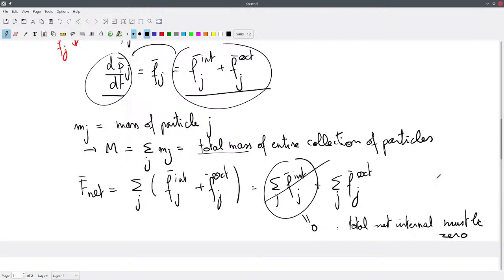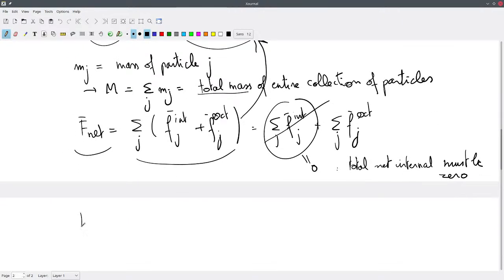So if we write our net force as the sum over all of those forces, we can also write it using this equation as the sum over all of the time derivatives of the momenta for particle j. So the net force is also equal to the sum over j of dpj dt.